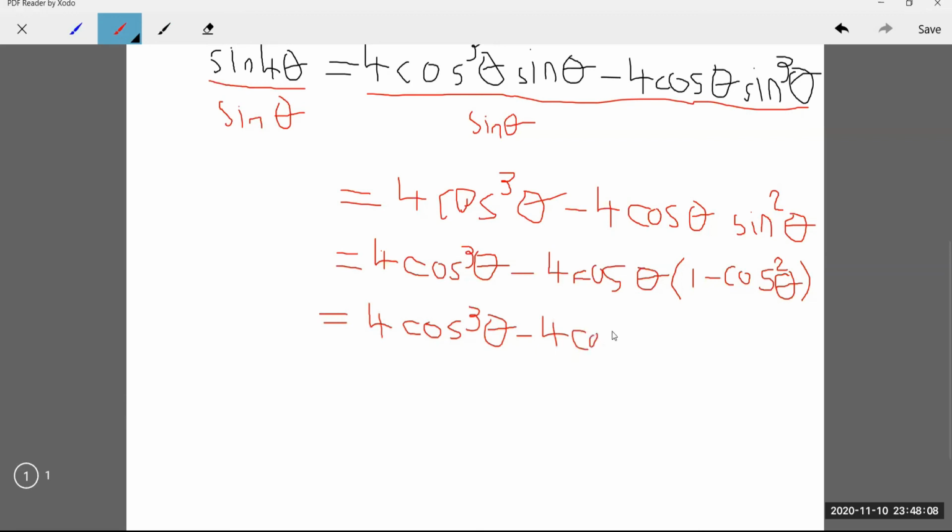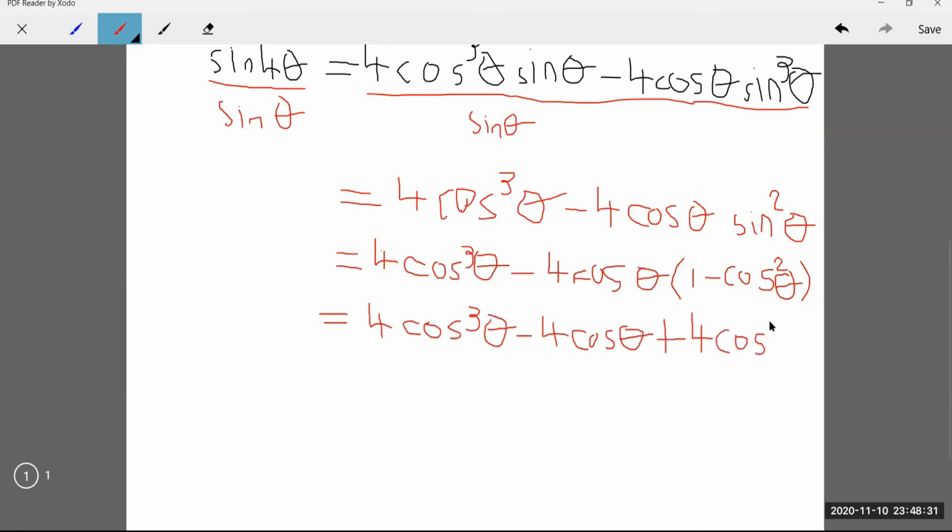Then minus 4 cos theta times minus cos square theta: minus and minus give us plus, 4 times 1 is 4, cos theta times cos square theta gives cos cube theta.